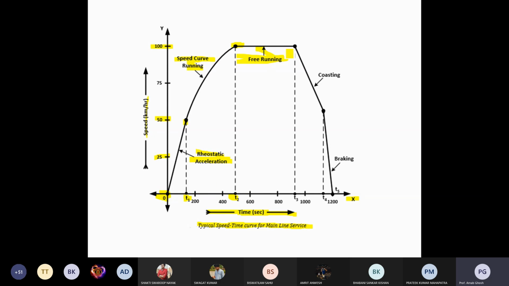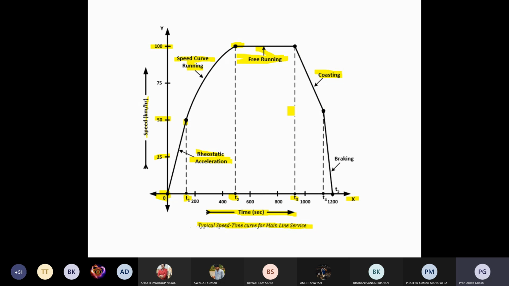Suddenly your input you can just turn off, so your energy is dissipated to the line. Again you can see it is linearly dropping. So t2 to t3 it is free running, then t3 to t4 it is coasting.